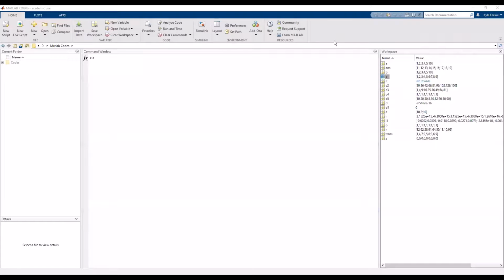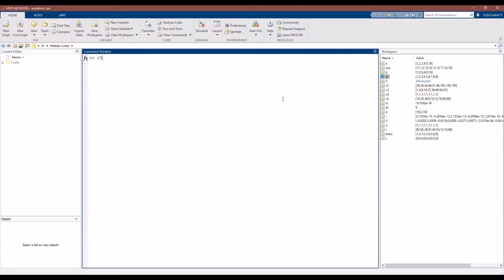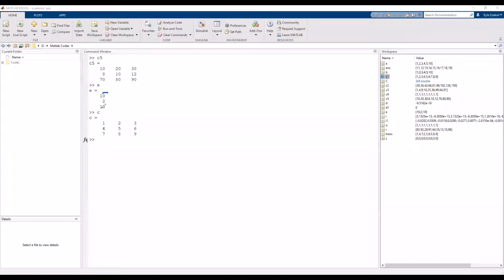So I did C5 and E and C. So what MATLAB did here is, 10 to 10, nag-multiply siya dito, and at the same time, dito. So, kumbaga parang nag-apply ka ng multiplication to all while following these numbers.